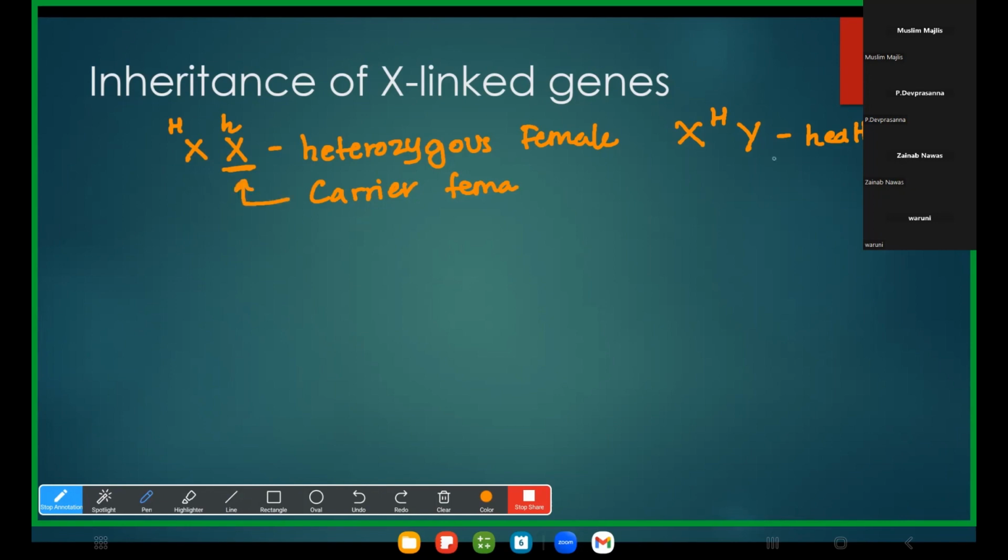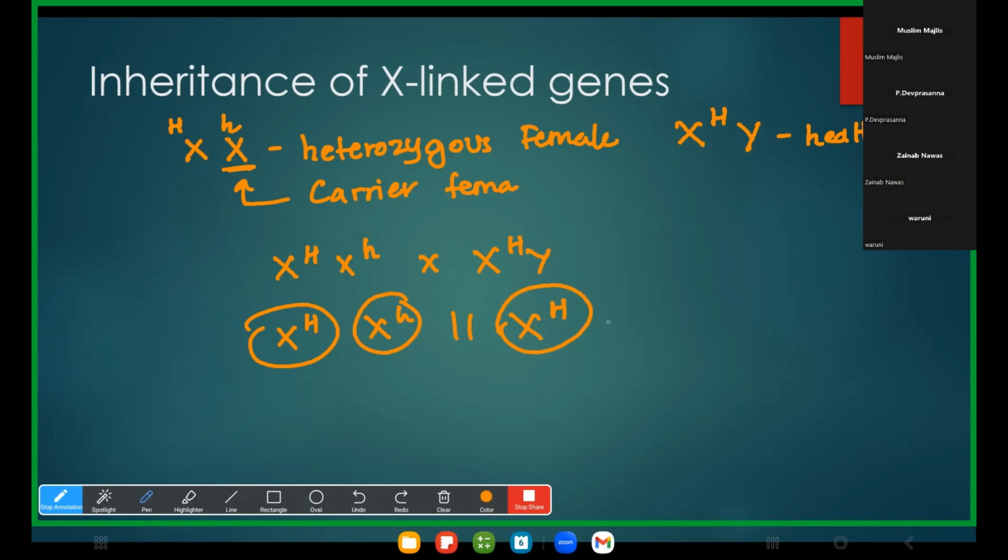And when these people have offspring, they would give the allelic combinations as such. They would have the gametes as this.